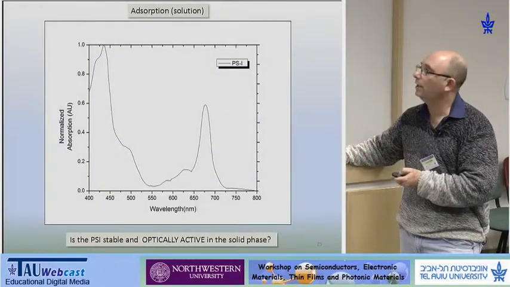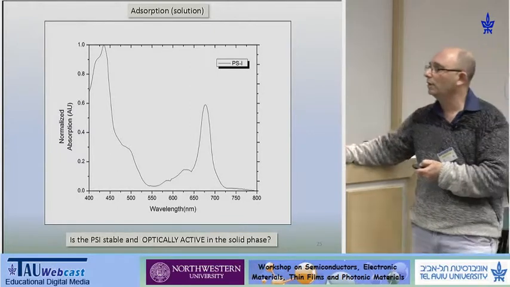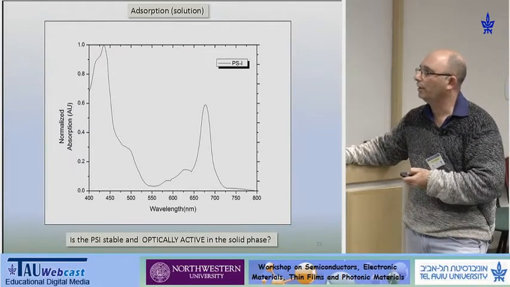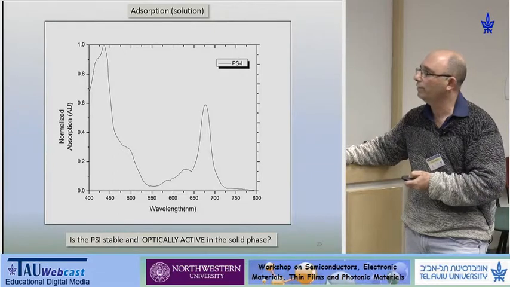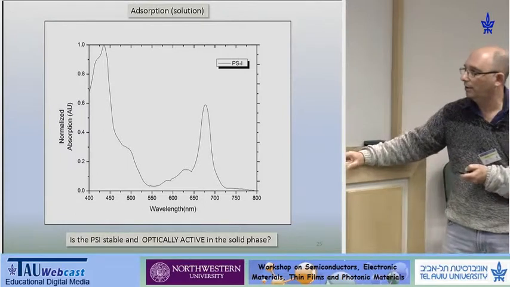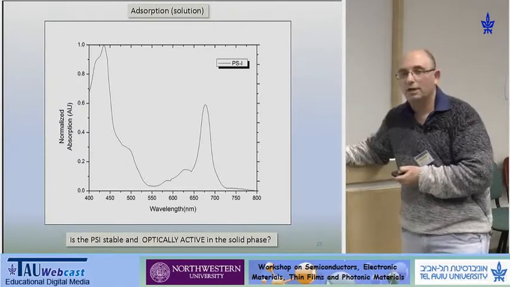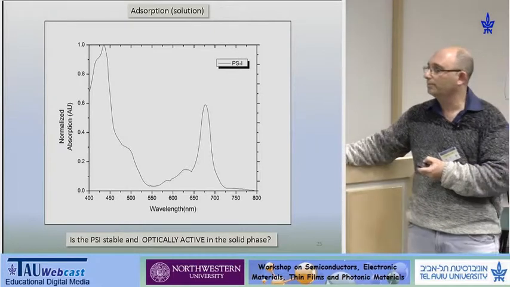So first, these are the absorption peaks of the Photosystem 1. You see that it doesn't absorb in green, it absorbs in blue and red. And the first thing that Hanoch Carmeli asked himself many years ago was whether this is optically active in the solid state phase.